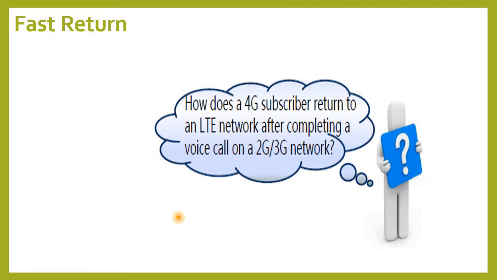So now let's come to the fast return. So what is a fast return? Fast return is basically a process in which, just like the CS fallback, the subscriber returns from the 2G/3G network to the 4G network.